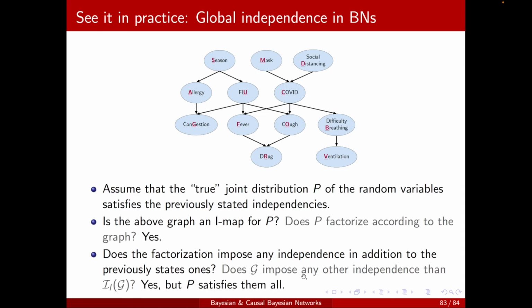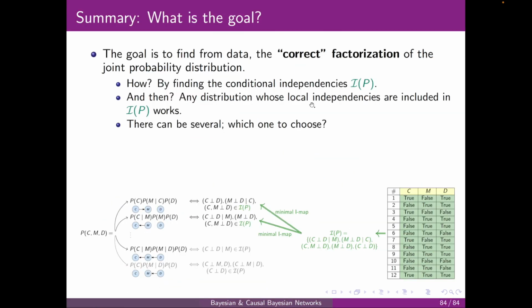So G does impose other independencies than ILG, but the distribution P that factorizes according to this satisfies all of them too. So allergy and COVID, we know that based on d-separation they are independent. Well, the distribution P that factorizes according to this also satisfies this.